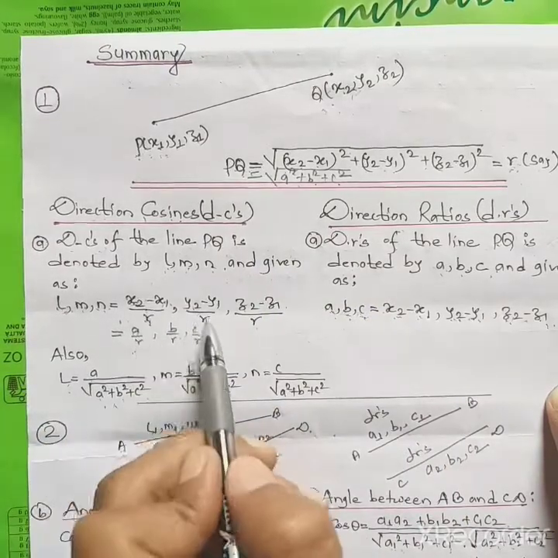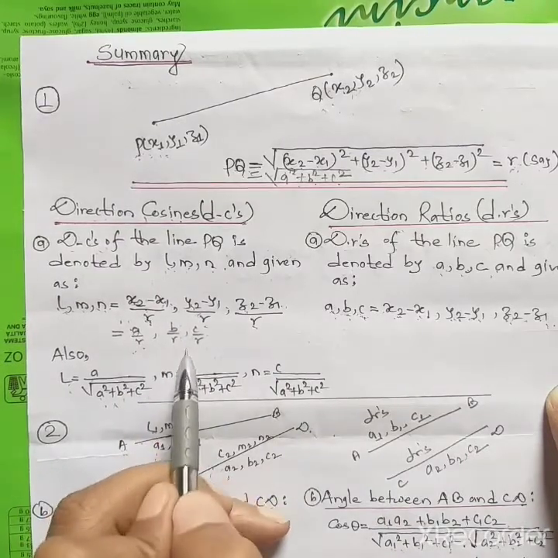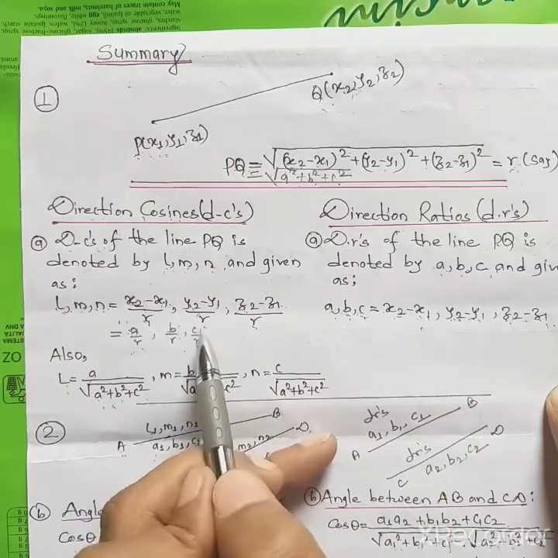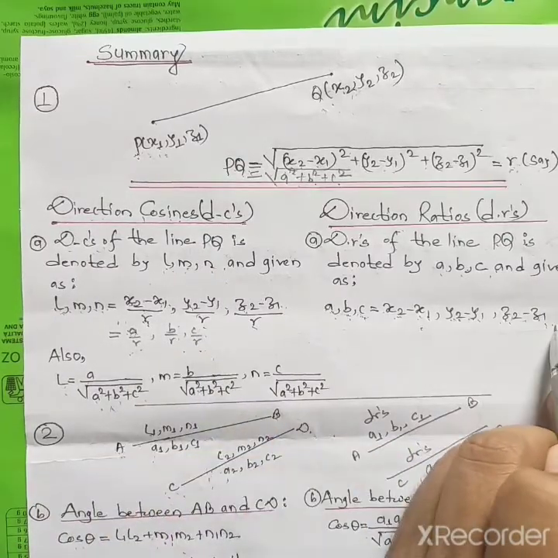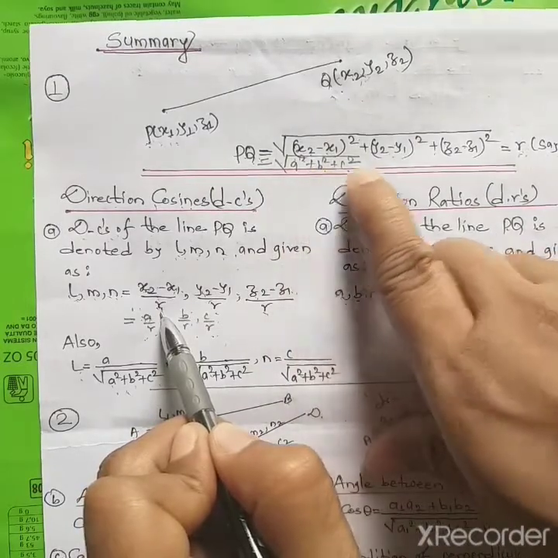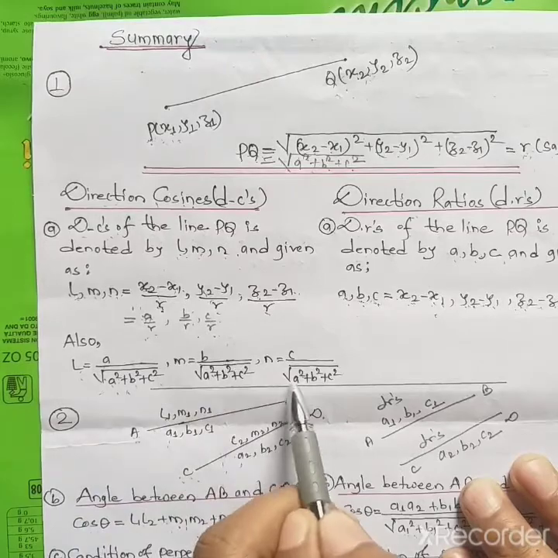Similarly, y2 minus y1 upon r and z2 minus z1 upon r. So a upon r, b upon r, c upon r. Why? Because a represents x2 minus x1, b represents y2 minus y1, and c represents z2 minus z1. Also, this r can be written as the square root of a square plus b square plus c square. So in place of r, we can write this, m equals this and n equals this.